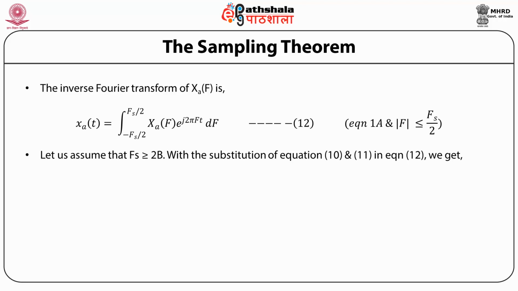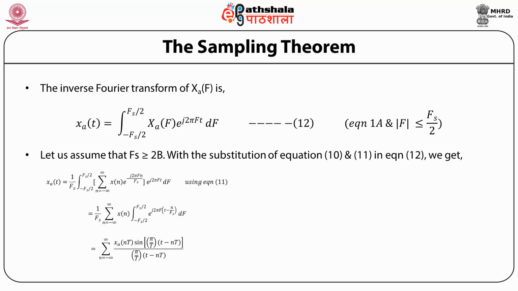With the substitution of the above equations 10 and 11 in equation 12, we get xa(t) equal to 1 by fs, integral from minus fs by 2 to plus fs by 2 of the summation over n from minus infinity to infinity of x(n) exponential minus j2 pi Fn by fs, multiplied by exponential j2 pi Ft dF.